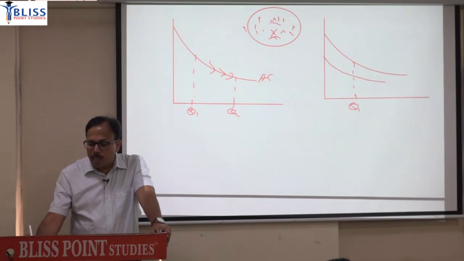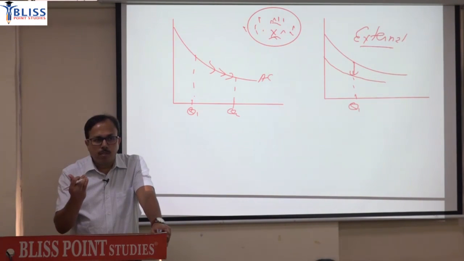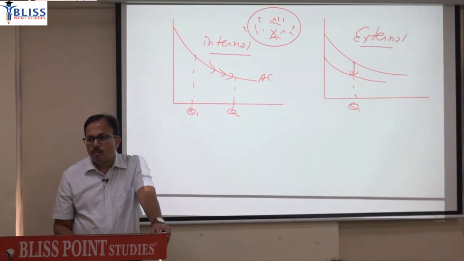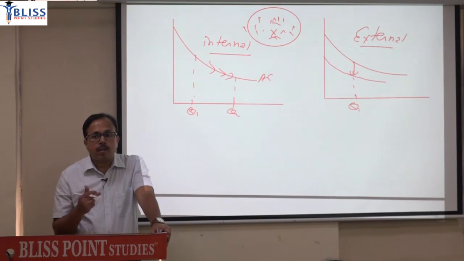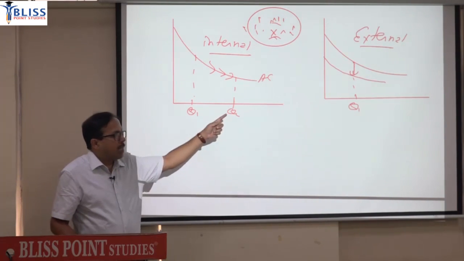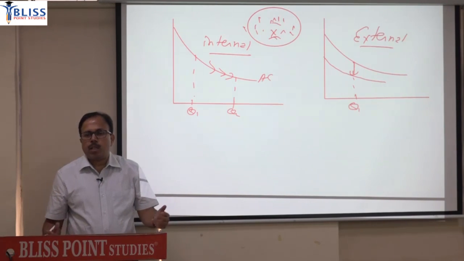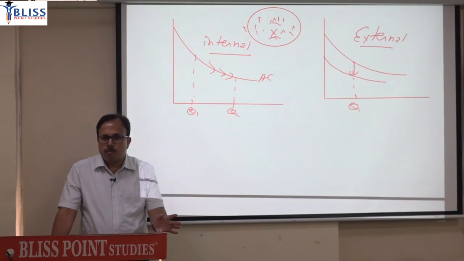This will be referred to as external. External economies shift the cost curve downward. Internal economies, you move along the line. This is expansion of one firm, and that is expansion of the entire market. Why it happens, what is the link with trade, we will elaborate both.